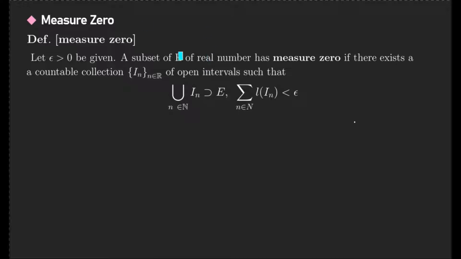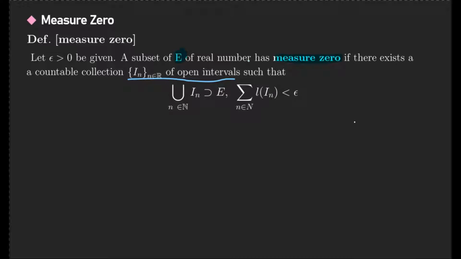We call E measure 0 if there exists a countable collection of open intervals such that these intervals cover E, and the total sum of the lengths of the intervals covering E is smaller than epsilon.